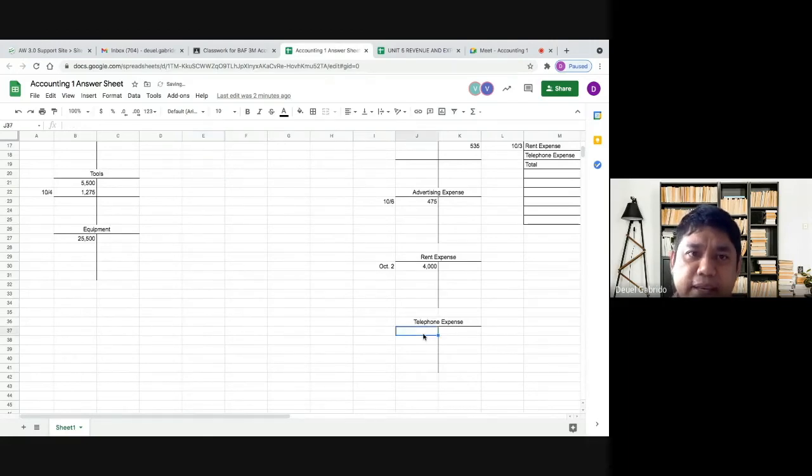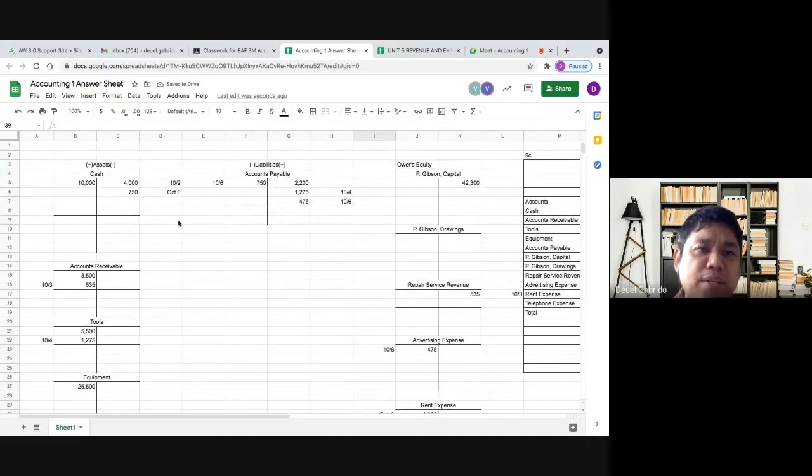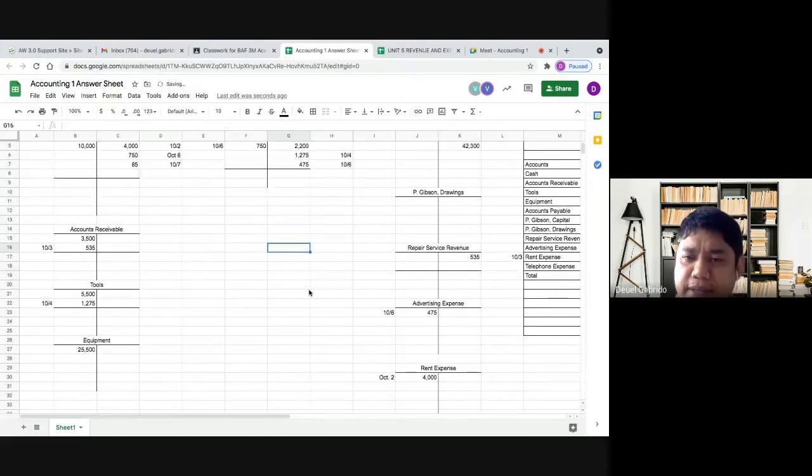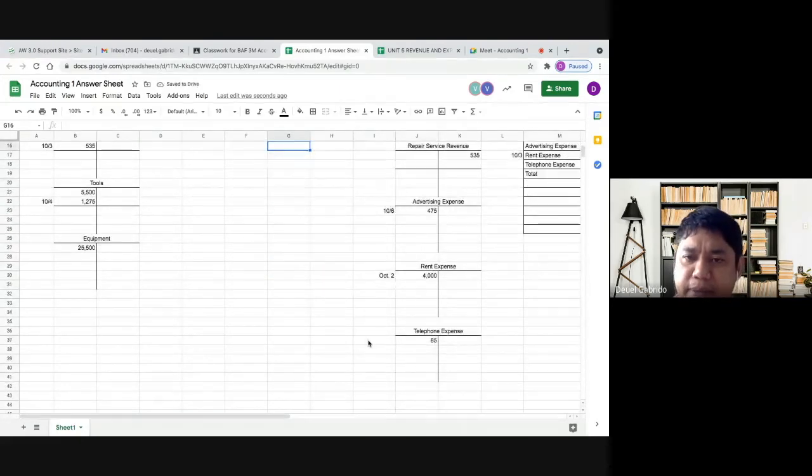This one would be $85. And because we paid it right then, our cash will go down by the same amount, which is 85. And the date is 10/7, October the 7th.